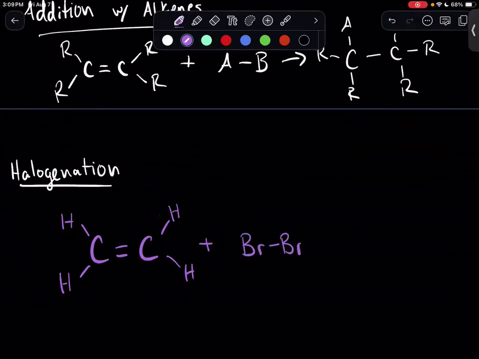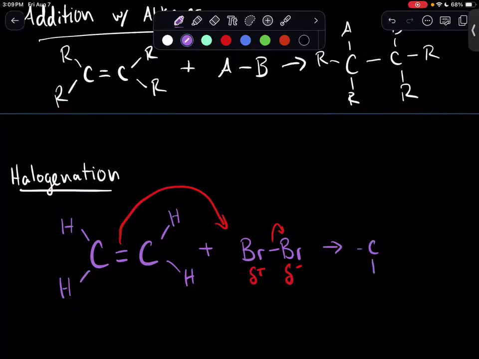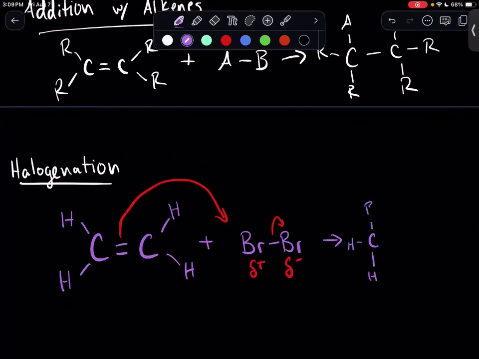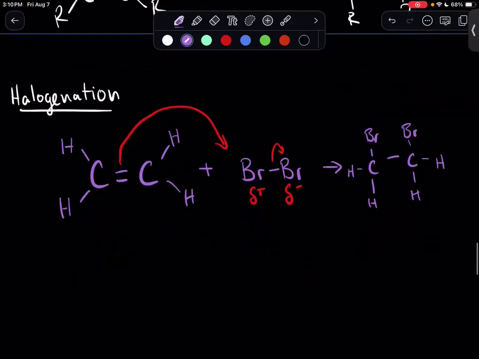Now, what happens here is that the electrons in the double bond will actually cause an induced dipole, which are going to attack the partially positive bromine from this induced dipole, and the electrons in the bond will go to the other bromine, and we will end with the compound CH2Br, CH2Br. Now, it doesn't matter where you put those bromines because this being a single bond, they can pretty much be anywhere, and we don't have any chirality in this.